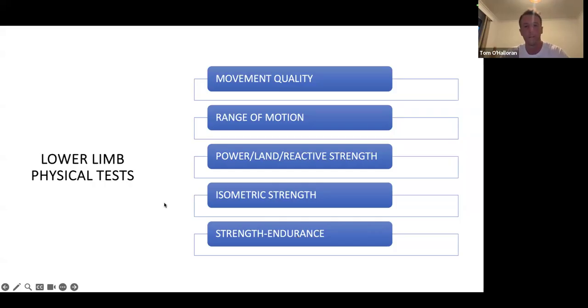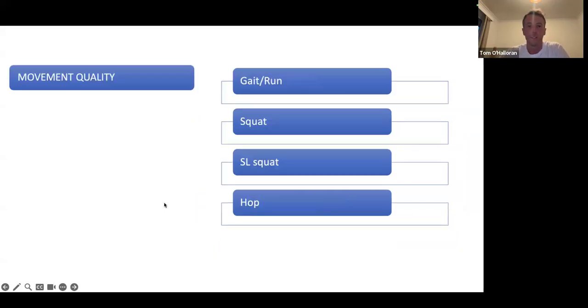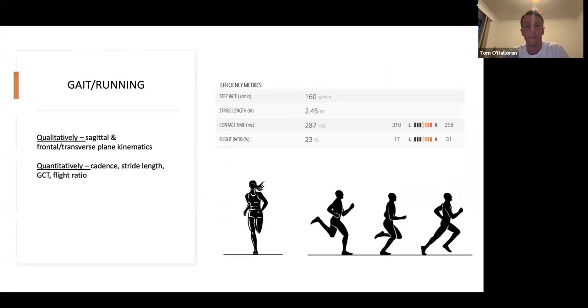Do they fall apart? So movement quality, I won't go too much into how to analyze and observe movement quality. I'll just take you through my exact process. I'll look at someone running in the sagittal plane and the frontal and transverse, and I'm always thinking, am I looking qualitatively? So just observing and understanding how they move, or am I gathering data and science?